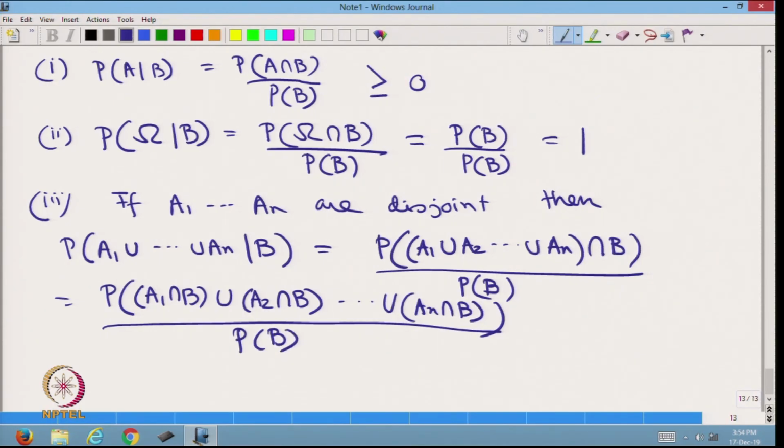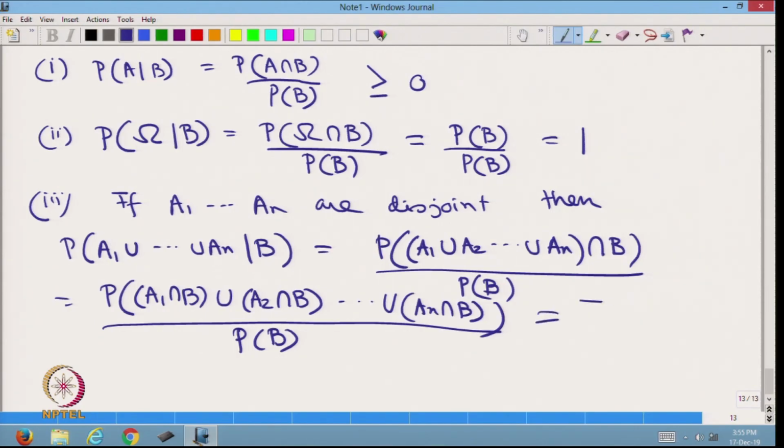Now, since A1, A2 and An are disjoint, A1 intersected with B, A2 intersected with B and An intersected with B are also going to be mutually disjoint. Therefore, the probability of their union is going to be the sum of their probabilities.